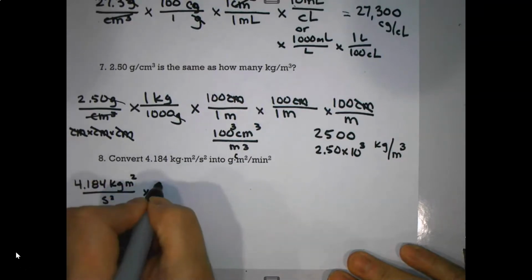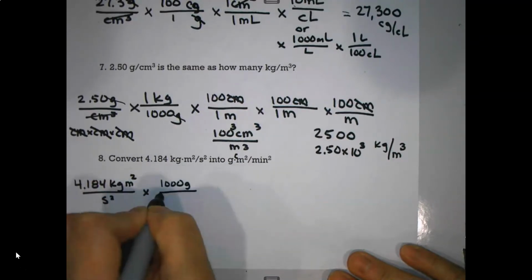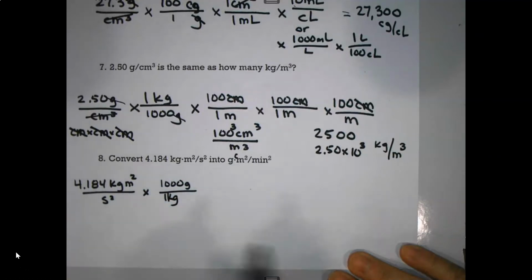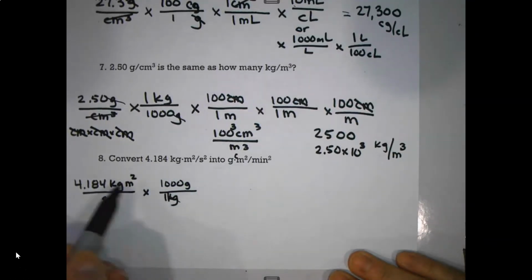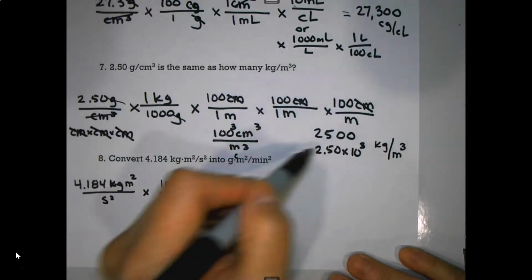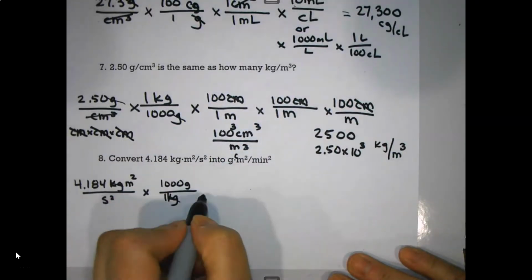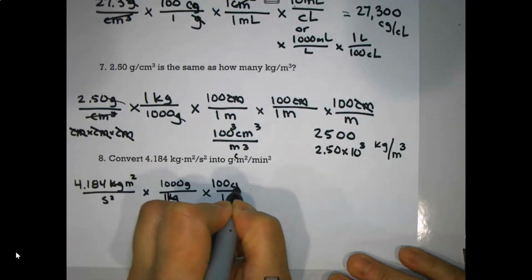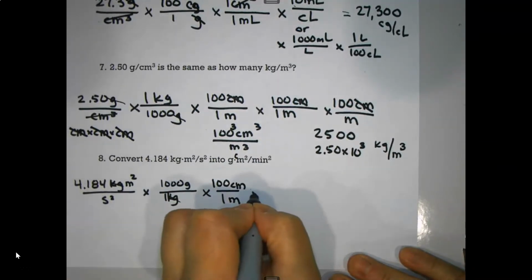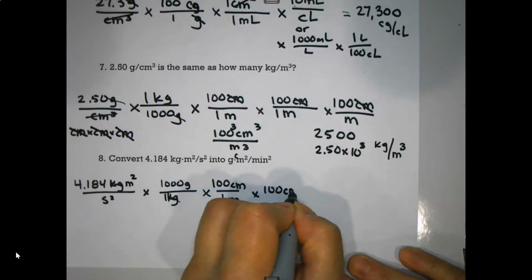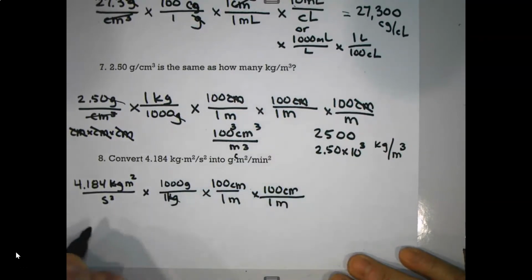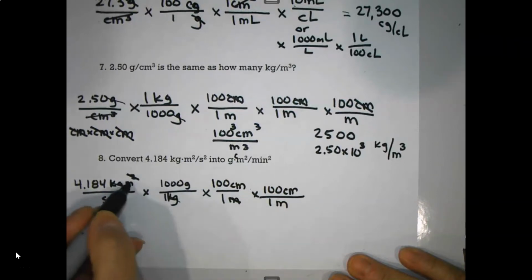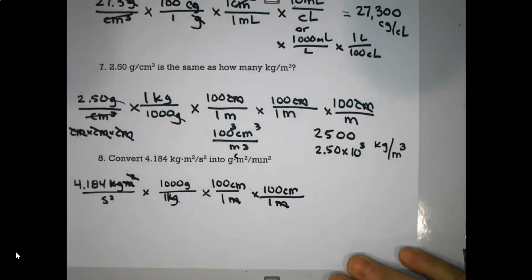Do it 1 at a time. Kilograms to grams. There's my conversion factor, which gets rid of kilograms and gets me to grams. Now meter squared to centimeter squared. It's very similar to what I did up here, except I'm just squaring it. For every 1 meter, I have 100 centimeters, but it's squared, so I do that twice. That gets rid of the meters squared.